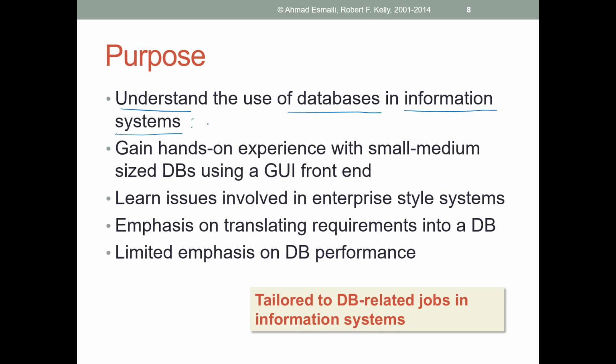As an example, if you have to buy the textbook from Amazon, you log into Amazon, you see if the textbook is available, you request that textbook, you make a payment, and ultimately the textbook is delivered to you. So Amazon is an excellent example of an information system.